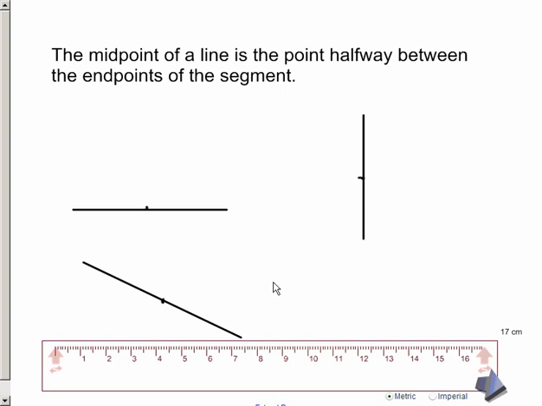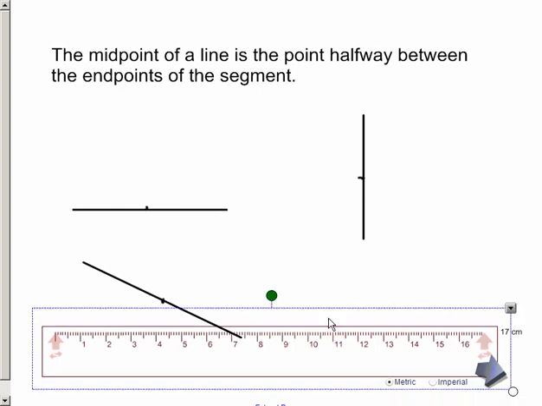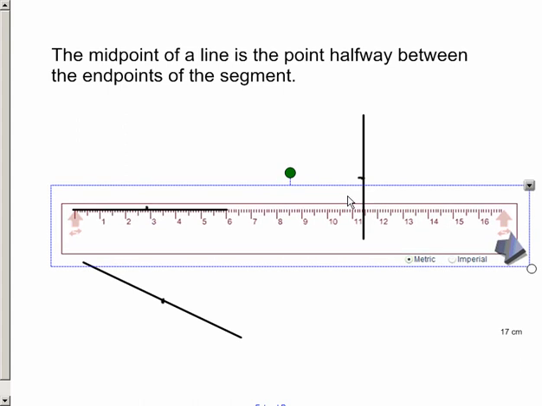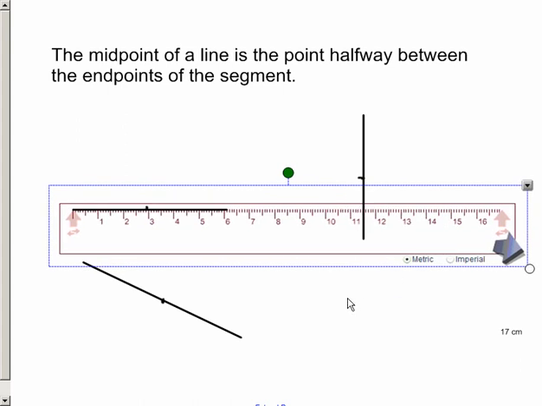The other part of this lesson in class is that you will be adding midpoints. The midpoint of a line is the point halfway between the ends of your segment. So I put a ruler on there and created a line segment that was about 6 centimeters long. The midpoint would be halfway, or 3.